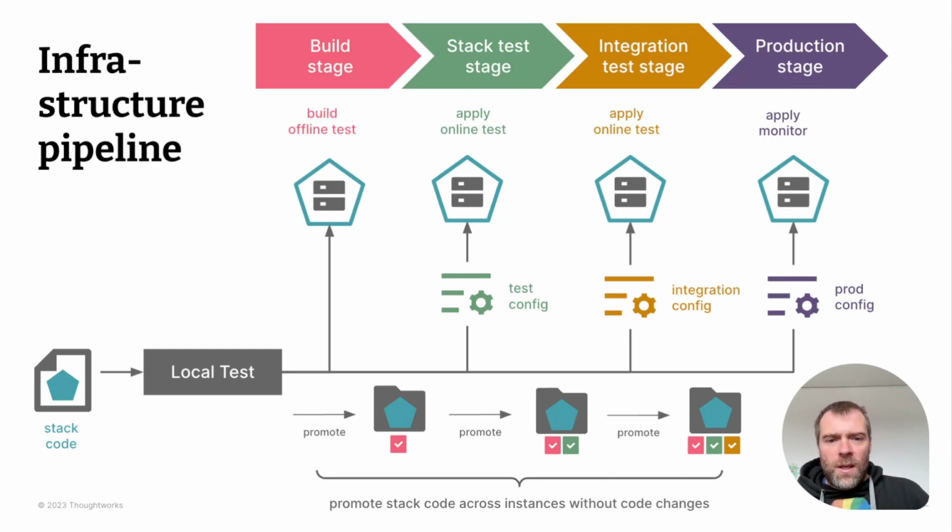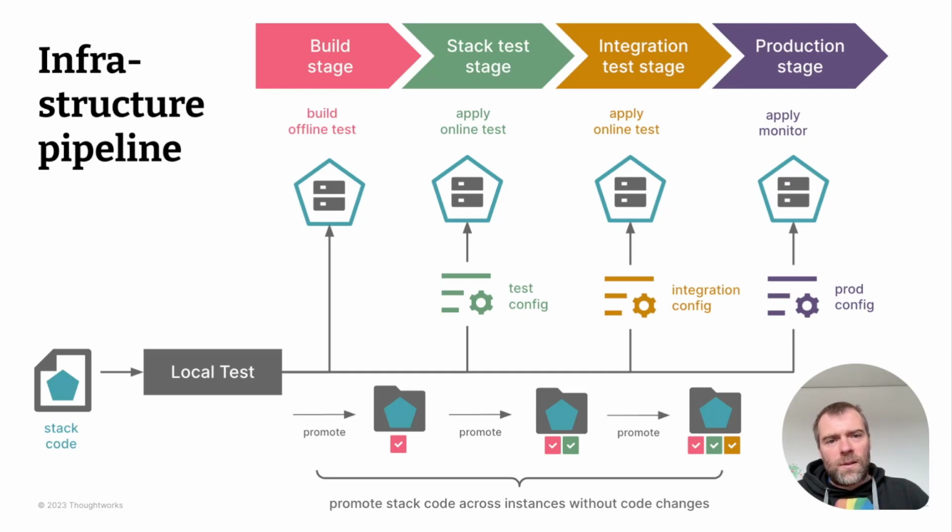And then in the next stage, we would apply a configuration for a test environment, apply the code in an online test, and have what we call a stack test stage that tests an individual piece of our infrastructure code in isolation. And once this stage is passed, we move on to an integration test stage where we test multiple such components in combination with each other and can have more higher level tests covered.